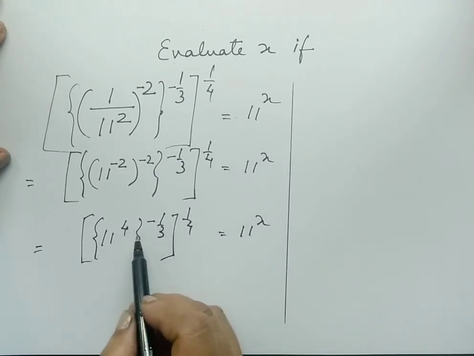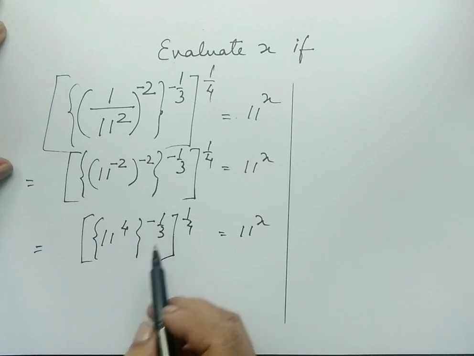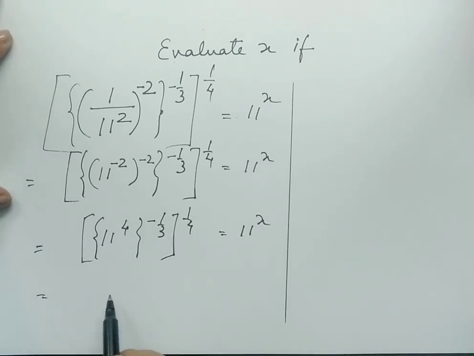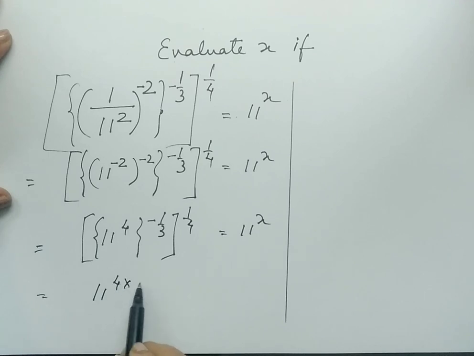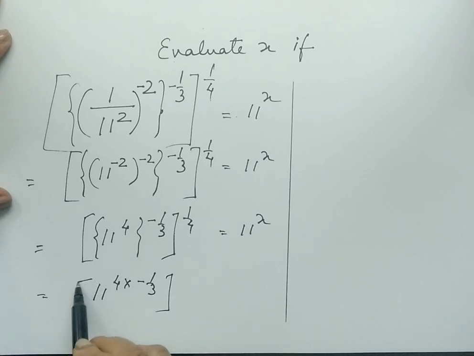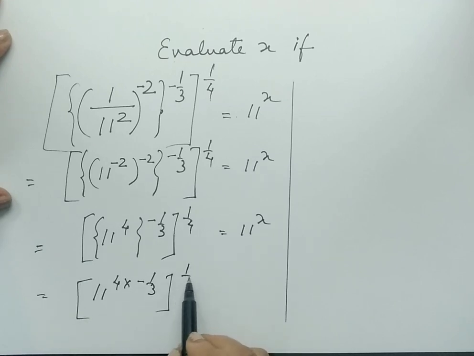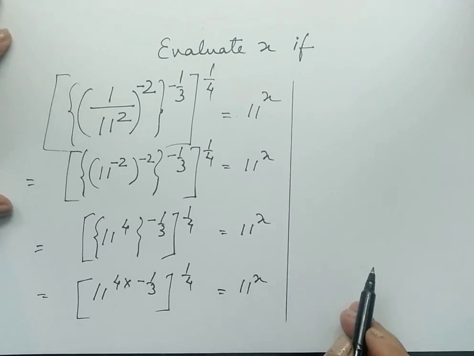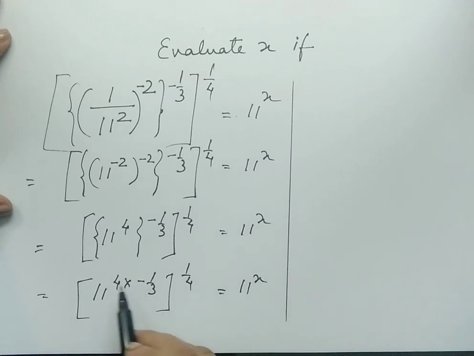Once again, we have to multiply these two in the next step. So we have 11 to the power 4 multiplied by minus 1 by 3, and then it's enclosed by the block bracket. Correct? Can we cancel here?